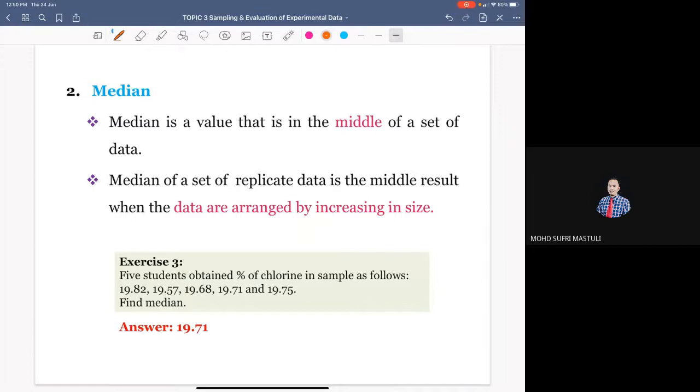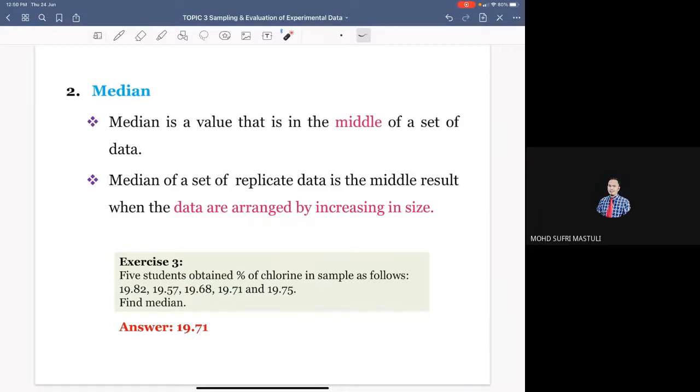Median. What is median? Median is the value that is in the middle of a set of data. The median of a set of replicate data is the middle result when the data are arranged by increasing size. So you have to remember the data should be ordered in increasing order.